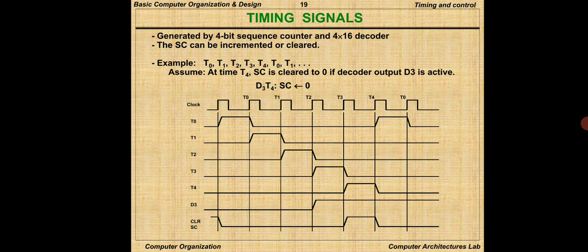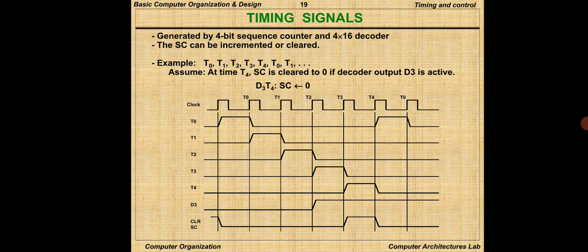So after 5 timing states I need to reset my sequence counter, that is, clear my sequence counter to 0. Once I have cleared my sequence counter to 0, what is the next functionality of my sequence counter? It should automatically be incremented by 1 for each and every clock pulse. That is how those things are executed, and we are going to explain it here using the timing diagram.